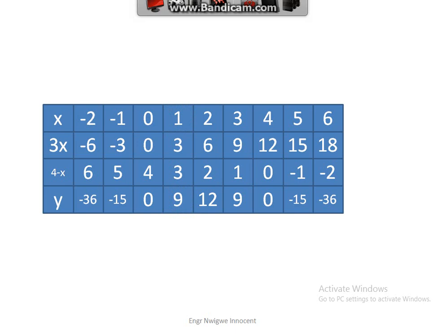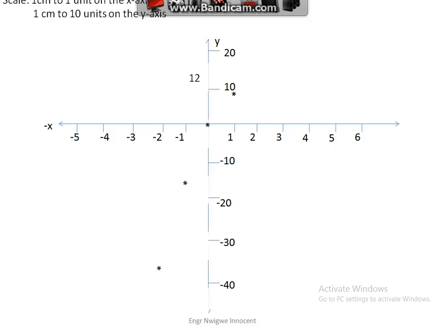We go to the graph and locate 1, which is on the right hand side of the graph, and the y is now pointing upwards.